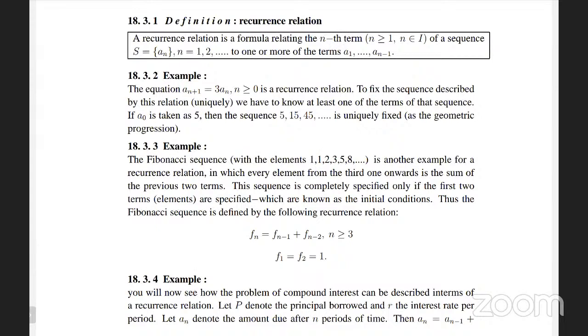If I know the fourth, I can identify the fifth. The fifth, I can identify the sixth. The sixth, the seventh. The seventh, the eighth. This kind of observation is called a recurrence relation. Based on the previous term we can find the next term, continuously up to the nth term.